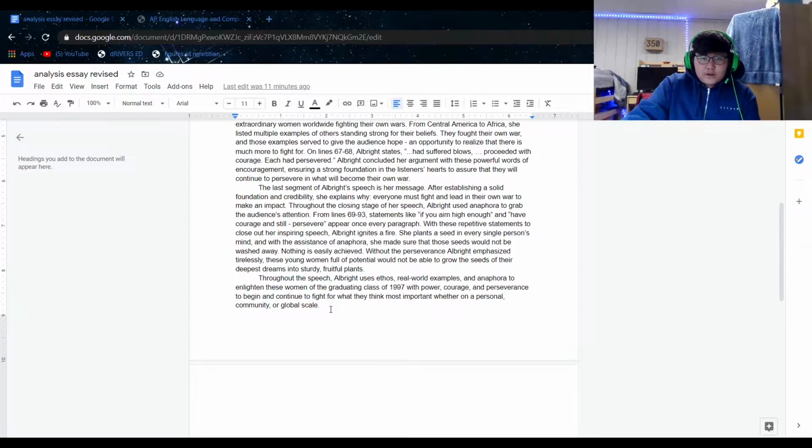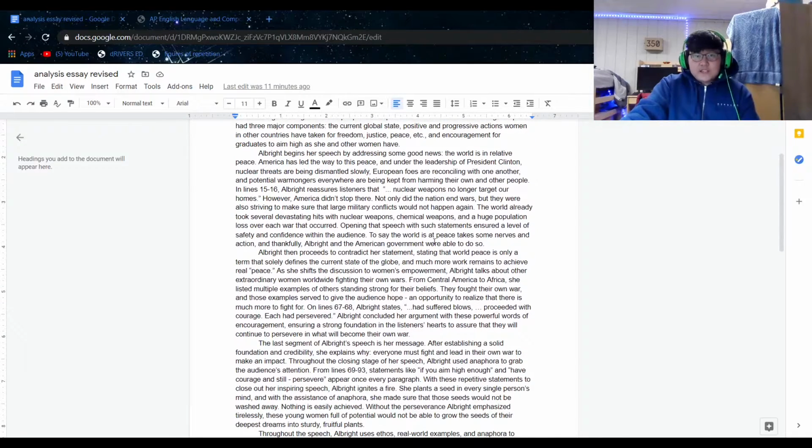Looking at this right here, it leaves off with three statements of different scales, and the reader finishes reading the essay thinking. You want to analyze this essay so when your audience finishes reading your essay, you want them to reflect.